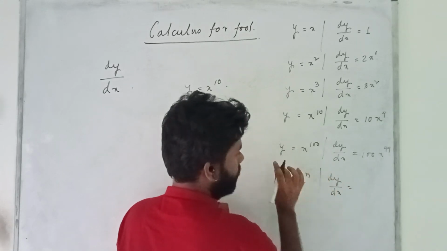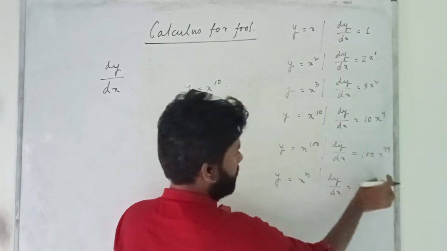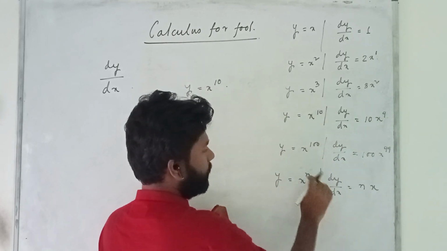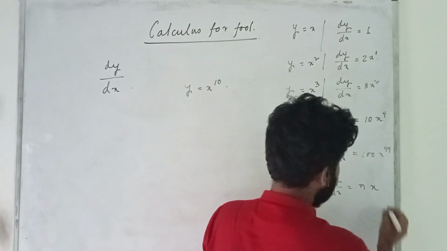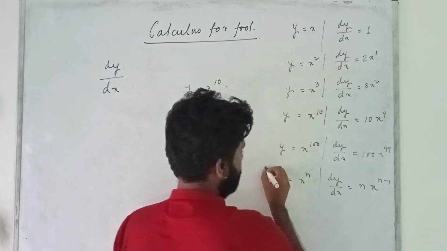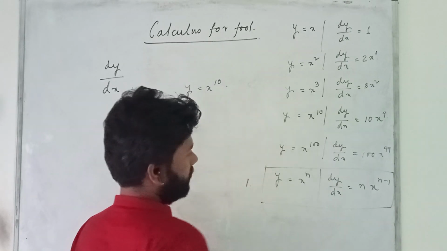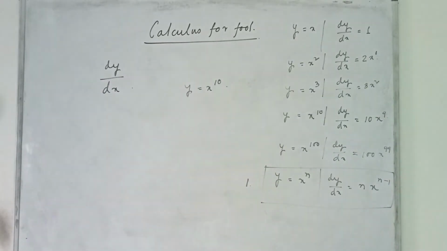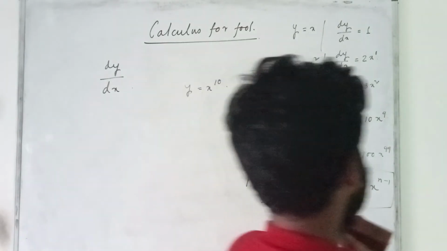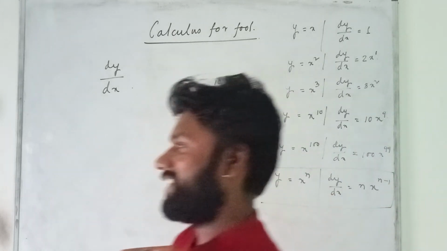The n goes to the coefficient of x, and then the power of x will be one step lesser than n, that is n minus 1. It is a general formula. Number one formula: if y equals x to the power n, then dy over dx equals n x to the power n minus 1.